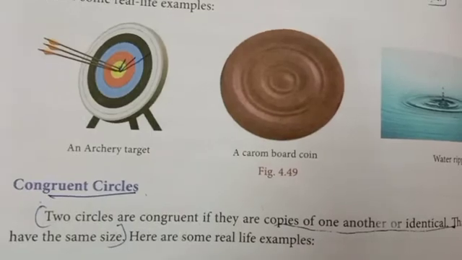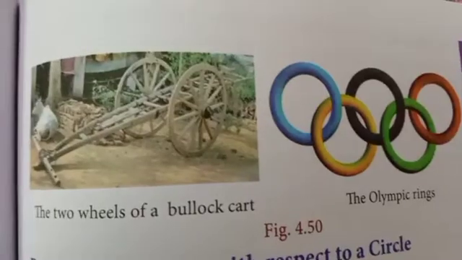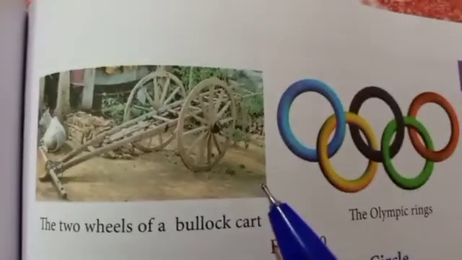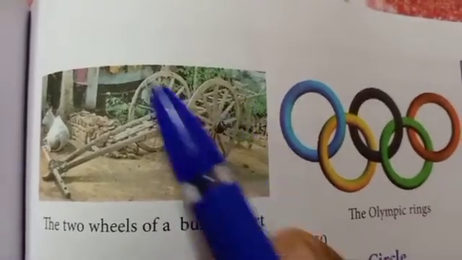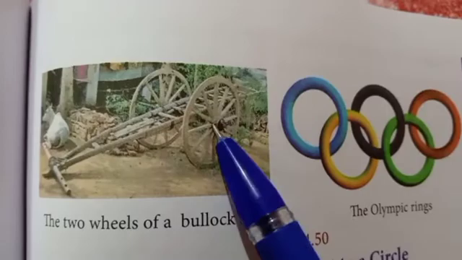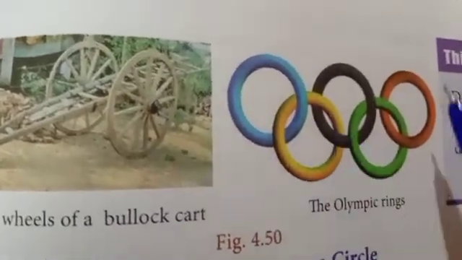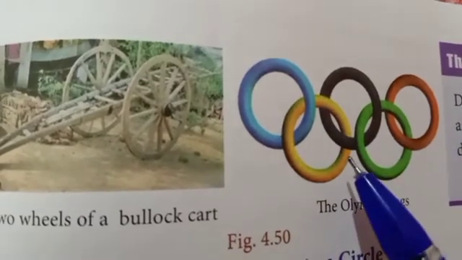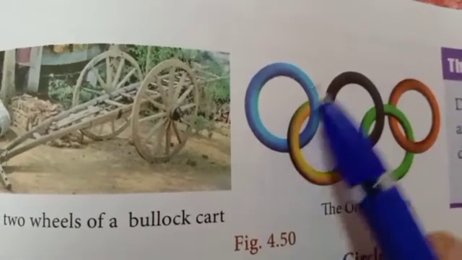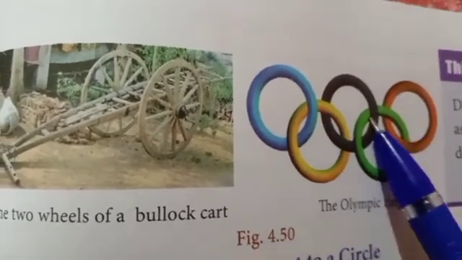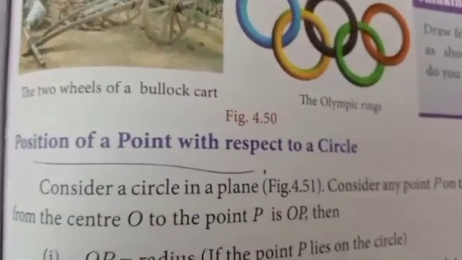Examples of congruent circles: the bullock cart wheels, so these two are the same size and are congruent. The Olympic rings are also congruent, same circles, same size.